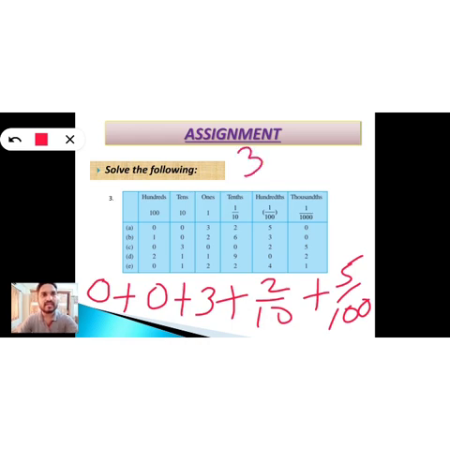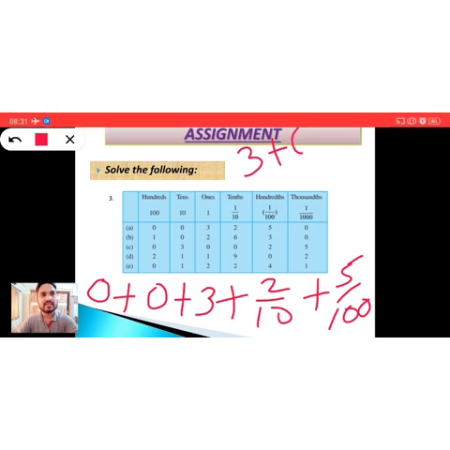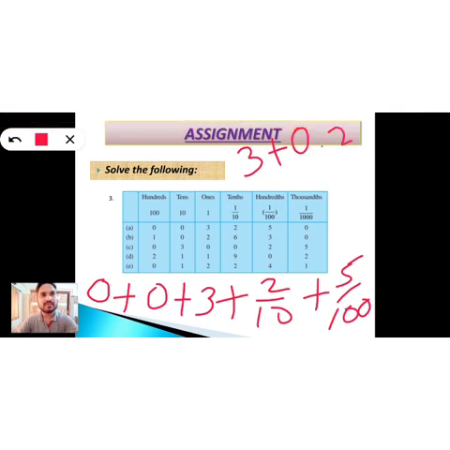Then 3 plus 0.2 plus 0.05. So in total we have 3.25. So our answer is 3.25. In the same way, you have to do questions B, C, D and E.